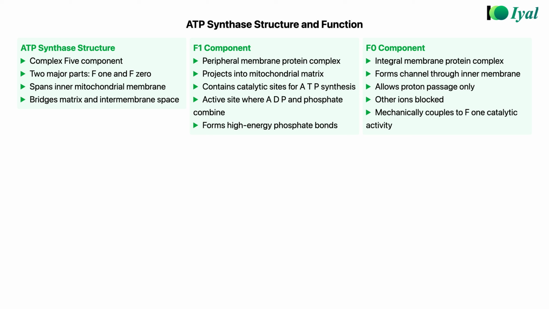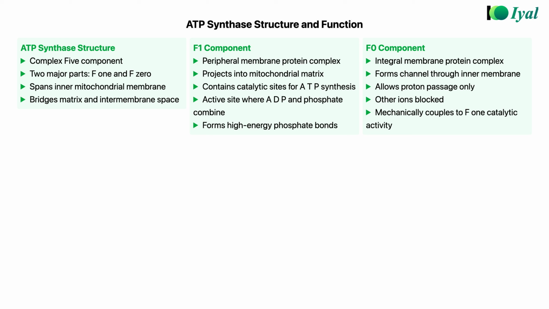The F0 part is embedded in the membrane. It forms a channel, a tunnel, through which protons can pass. Only protons allowed, other ions? No. Very selective channel. And here is the clever part. As protons flow through this F0 channel, the mechanical movement of the channel couples to F1. It causes F1 to rotate. This rotation drives the catalytic action.